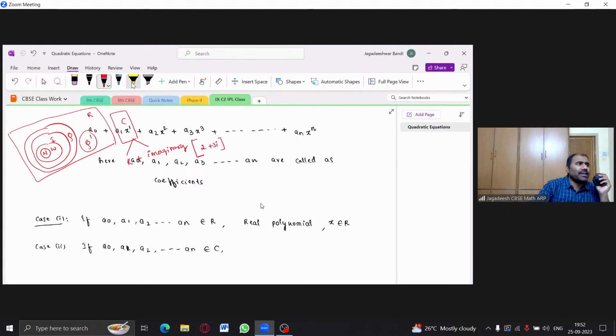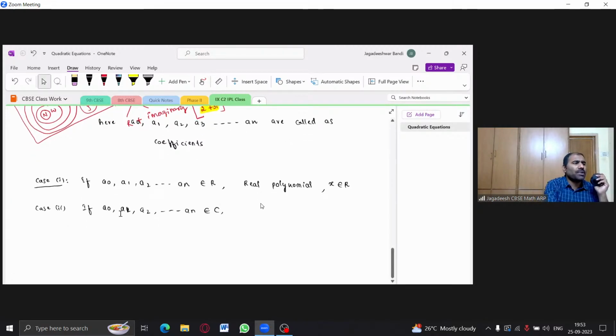So 2 plus 3i is called one complex number, where i is called imaginary. How that i is derived we will come to know in our next classes. Don't worry. Fine. So now we are talking about complex numbers. Okay. So if a0, a1, a2, and so on, an, which are nothing but coefficients, belong to complex numbers, then the polynomial is called a complex polynomial.